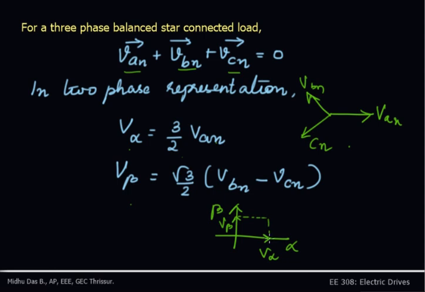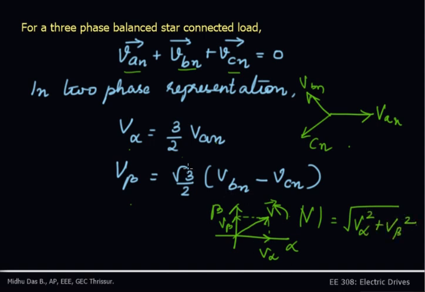So the resultant of these two will give the rotating space phasor in the two-phase domain, which is V. What is the magnitude of V? This V is the rotating space phasor, and the magnitude will be root over V alpha square plus V beta square.